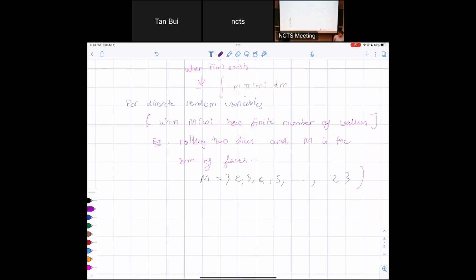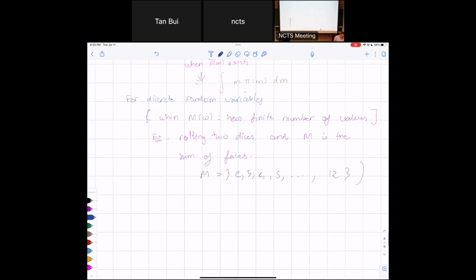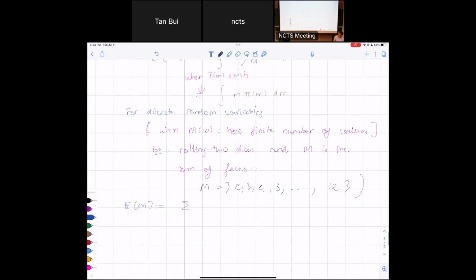To show you, for discrete random variables, the expectation of M is now defined as the sum of M_i times the probability of M equal to M_i, for i from 1 to the total number of values of M. Remember, it's very natural, right? It's an integral when things are continuous, but when things are discrete, you replace the integral with a sum.